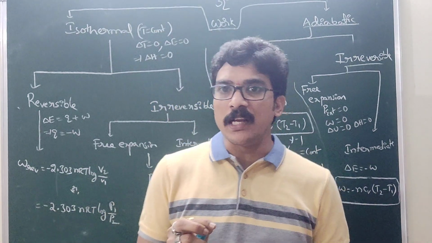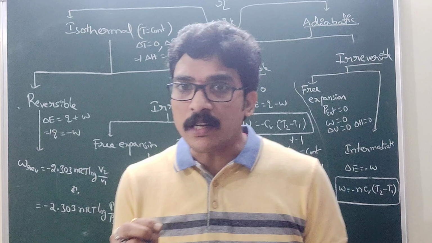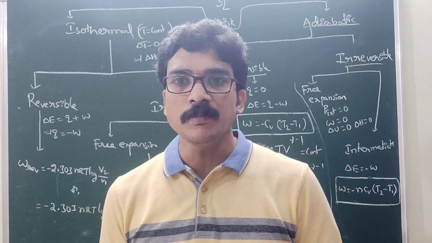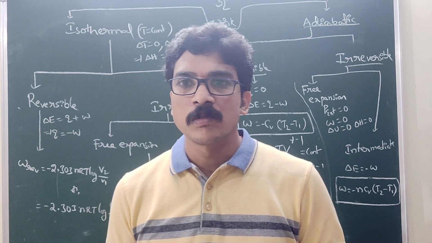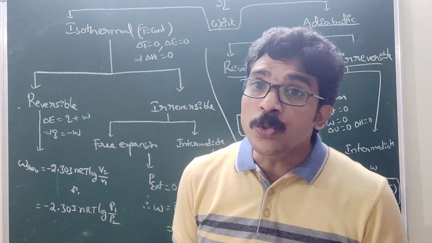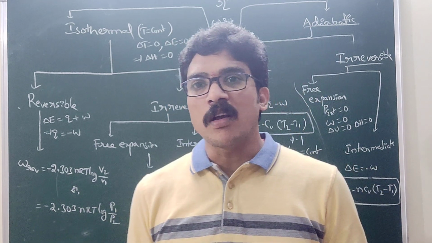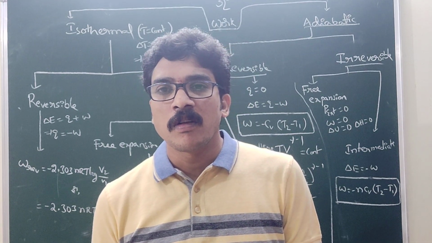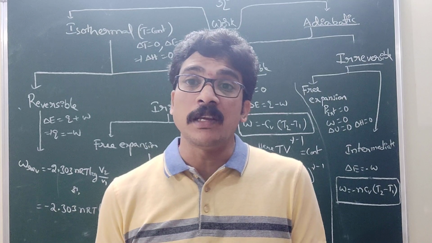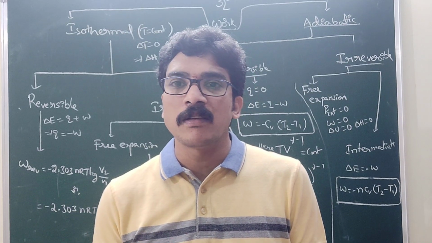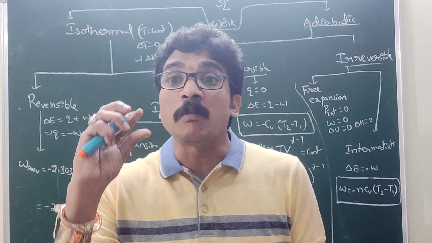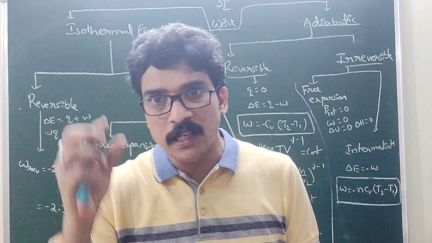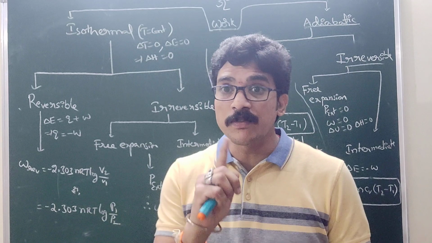How to calculate work in an adiabatic process? In an isothermal or adiabatic process, it is compulsory to focus on whether the process is reversible or irreversible. That is very important.